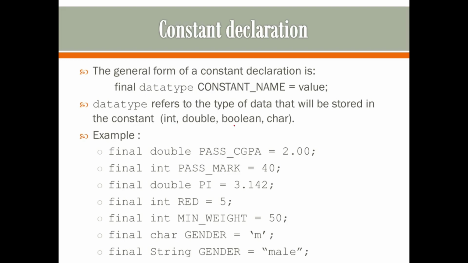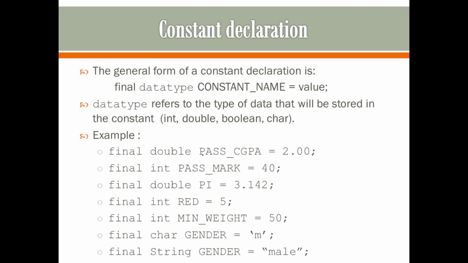Data type refers to the type of data stored in the constant, like integer, double, boolean, char, string. Look at the example first. The constant value depends on the problem statement given.